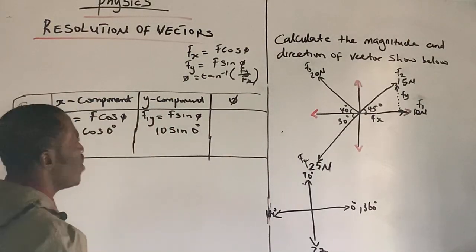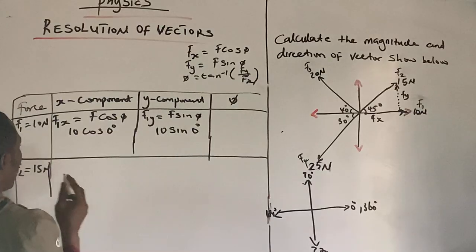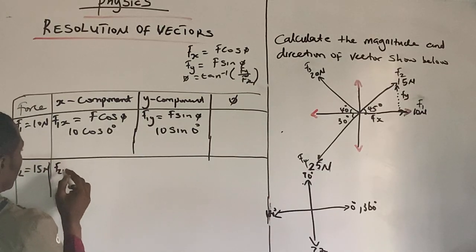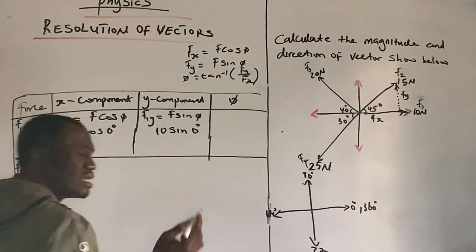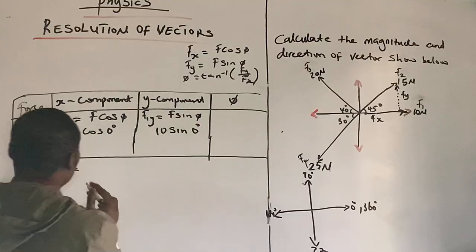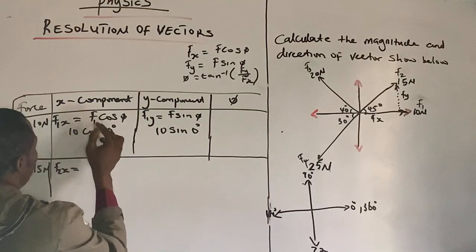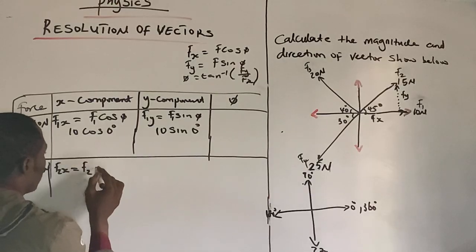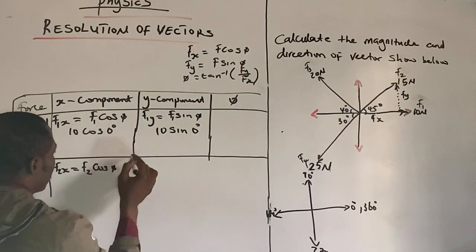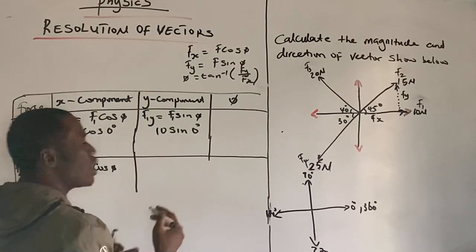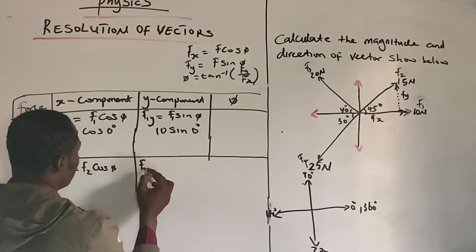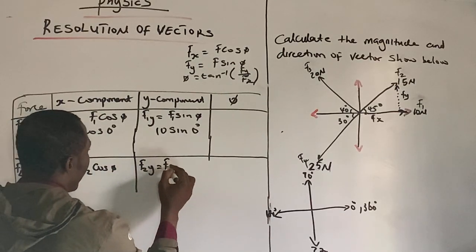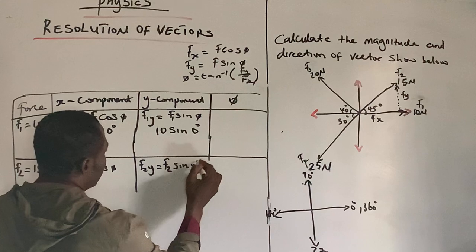Now, let's resolve the second force. F2x, which is the X component of the second force, is, this is F1, please. This is F1, please. So this becomes F2 cos theta. All right? And then for the Y component, F2y will become F2 sine theta.